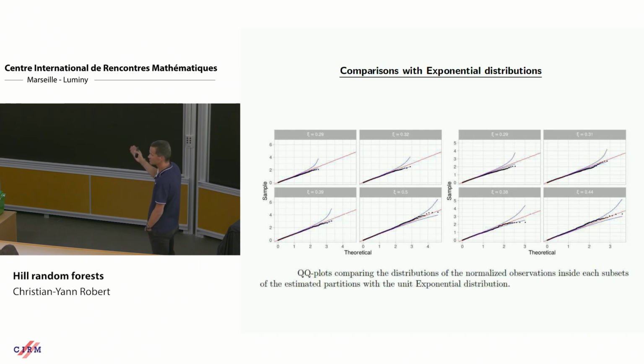And here alpha x has only 4 values, depending on the cluster you have. So we propose here some QQ plots comparing the distribution of the observations with respect to the distribution of an exponential distribution. And if you do something which makes sense, you should have lines on these QQ plots. And this is what we obtain here.